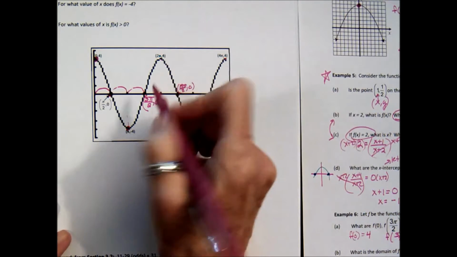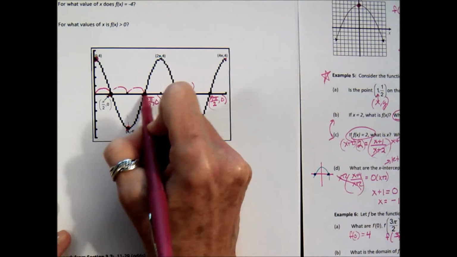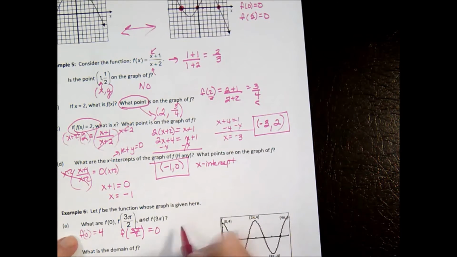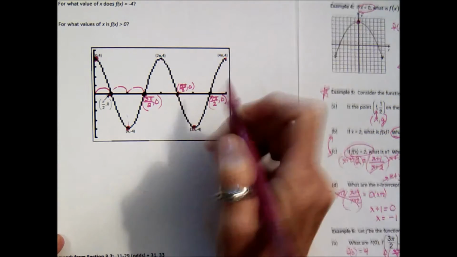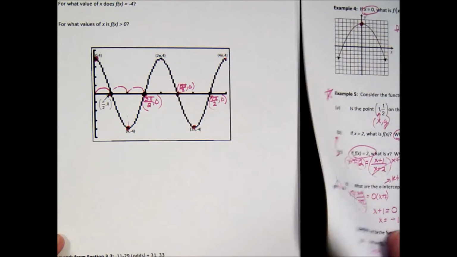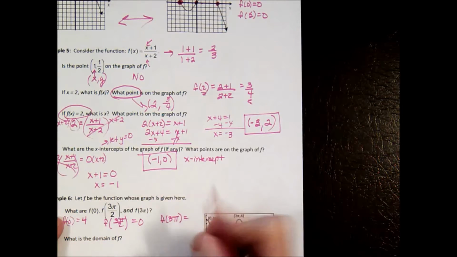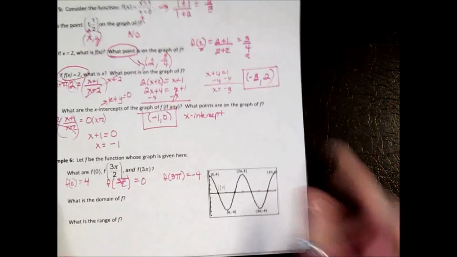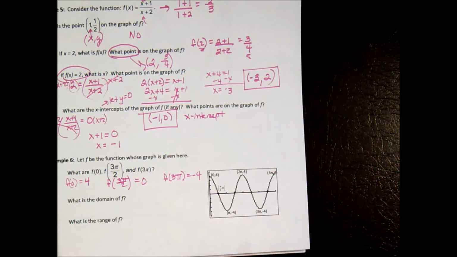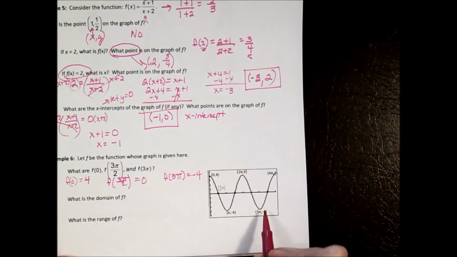Here is 3 pi over 2. What is my y? It is 0. And then f of 3 pi, going back to my sketch, where is 3 pi? Here it is. What is y? It's negative 4. So f of 3 pi is negative 4. So I'm just reading straight off my graph. And actually, I could have read that one right here. Not all of them were on there, but that one was.